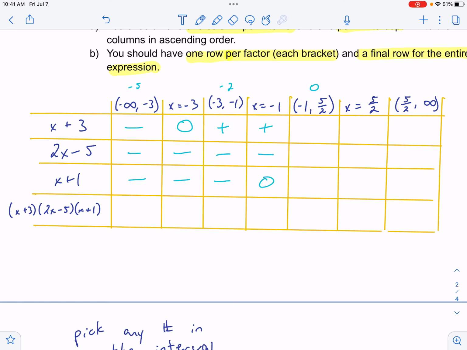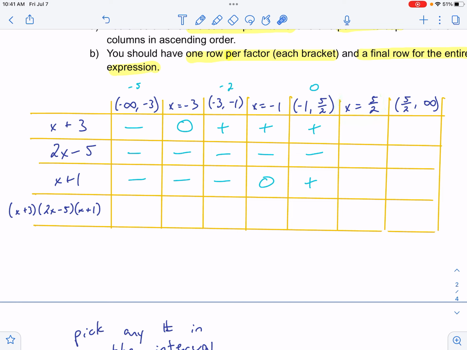When I put in 0 into x plus 3, I get positive. 0 into 2x minus 5, I get negative. 0 into x plus 1, I get positive. And last but not least, second last, my last real x-intercept is 5 over 2, which is 2.5.